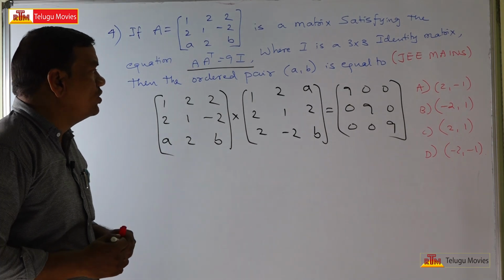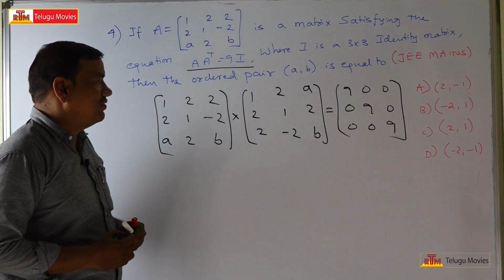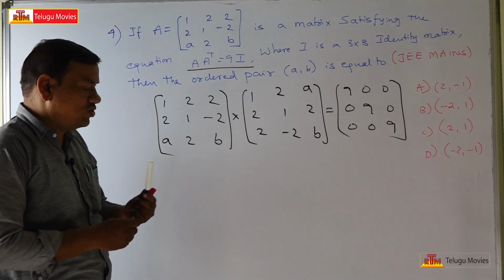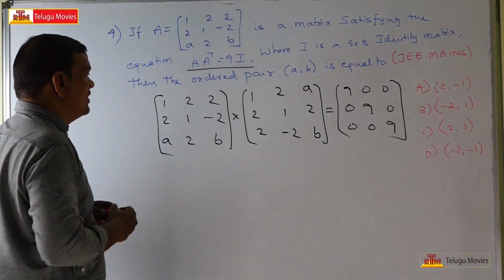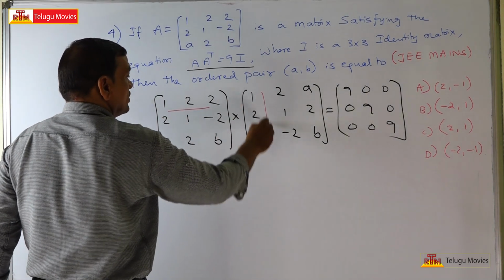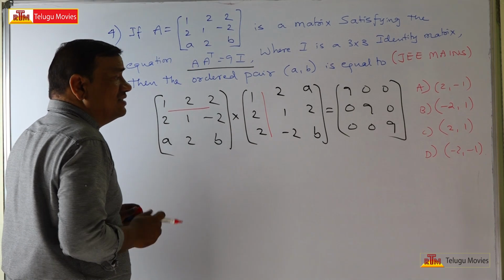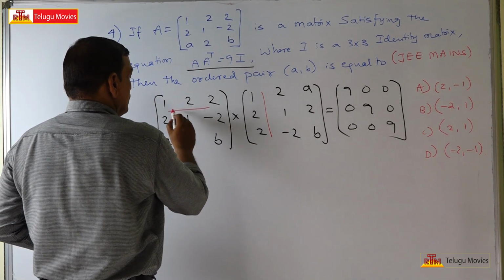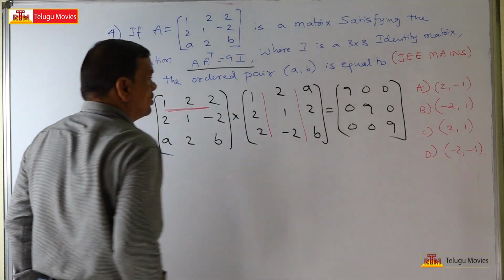Now what will you do? We have to find the a and b values. So here, don't try to completely do the problem. Why? Because first, you don't multiply this. First row by first column you will get 9. Why? Because we want equations in a and b. Don't multiply that. First row, second column, also don't multiply.